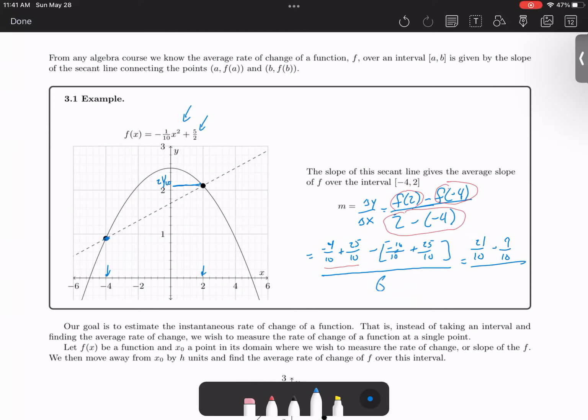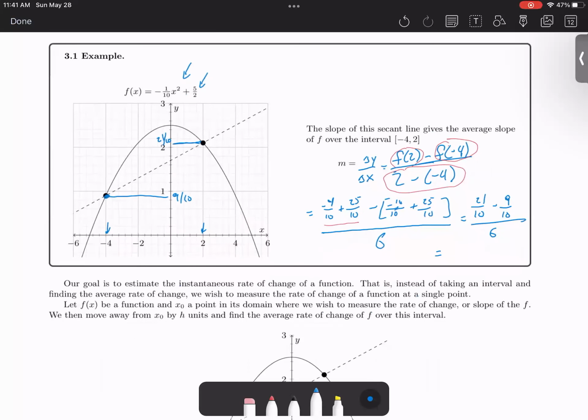So the function value at -4 is 9/10, slightly underneath 1. I've still got a 6 in my denominator. My numerator simplifies: 21/10 minus 9/10. So what is 21 minus 9? That would be 12.